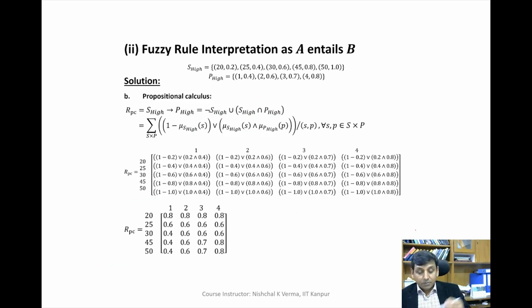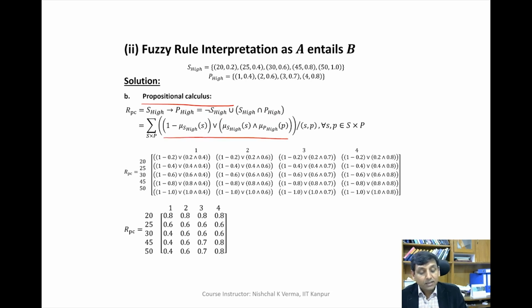Similarly, we use the same fuzzy sets, S high and P high. Both are discrete. And when we use propositional calculus, we use the negation of S high union S high intersection P high.